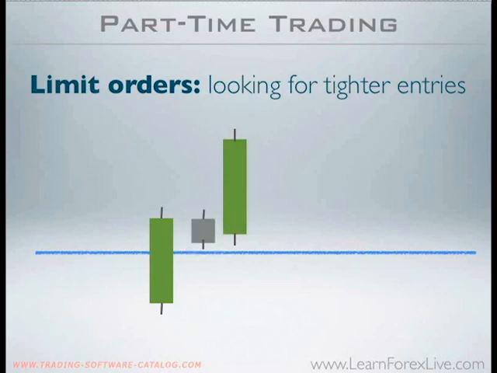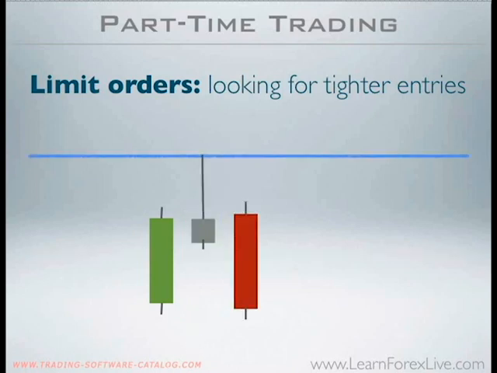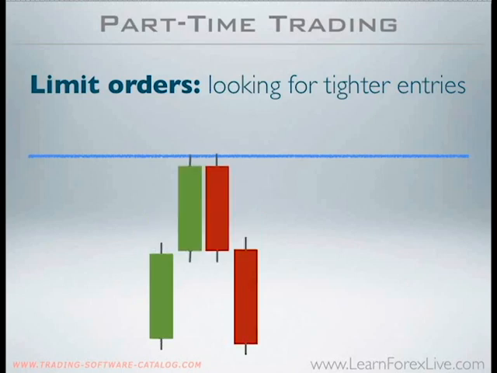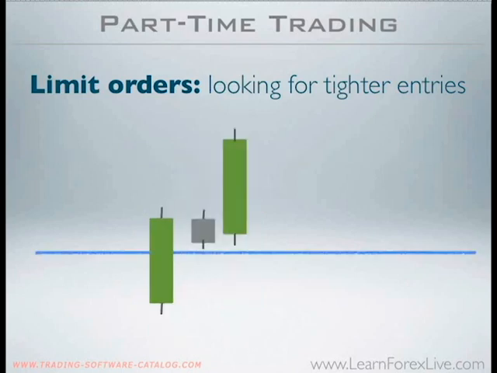For the sake of simplicity, I'm going to go back into our typical pin bar formation just to explain things here using this example. But again, you can apply exactly the same concepts on any of the formations that we've seen so far.